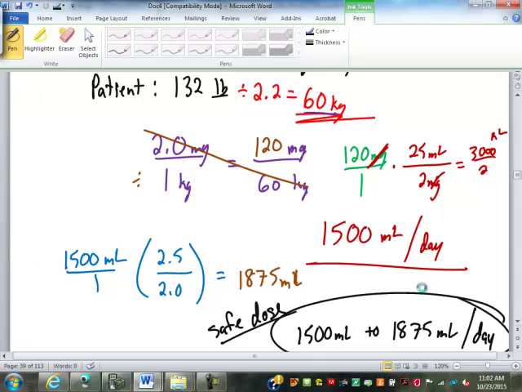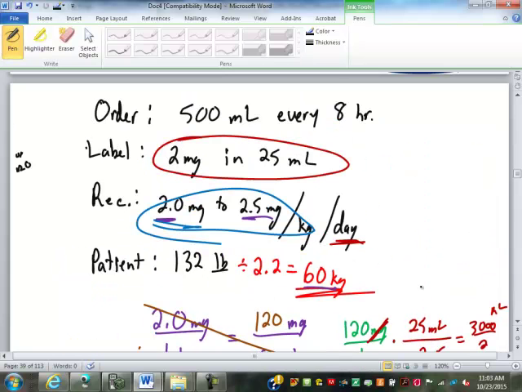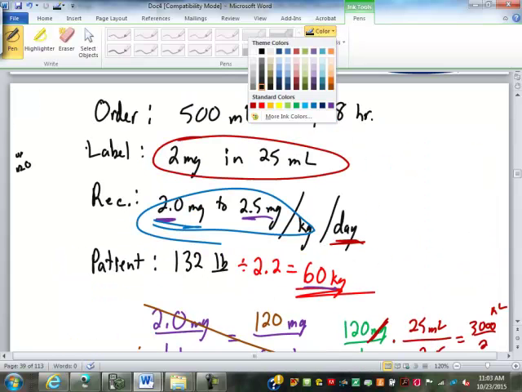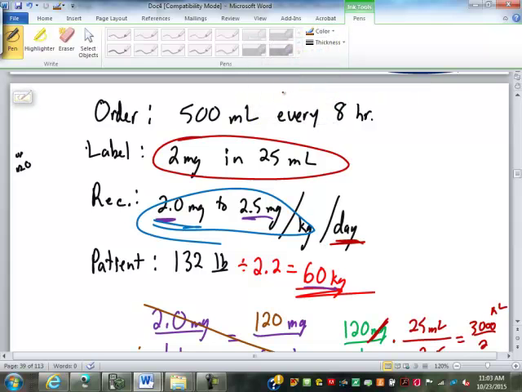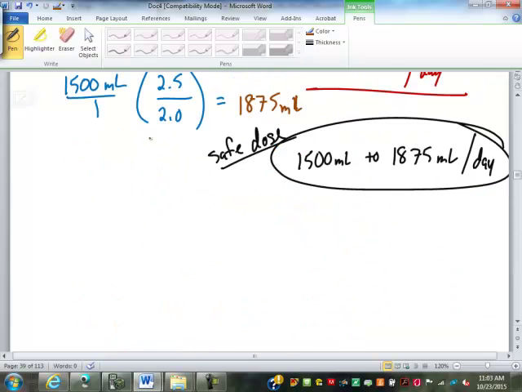Now what do we want to do? Check the doctor's orders. The doctor's order is 500 milliliters every 8 hours. What are we going to do with that? Yeah, we're going to take 500 milliliters every 8 hours. Now, if you notice that there are 3 8-hour periods in the day, you could just multiply by 3.